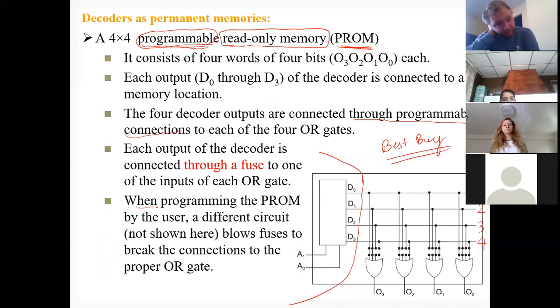When programming the PROM, the user uses a different circuit, not shown here, that blows the fuse. So once you program it, you can't change it. That's why this is called read only. Does it make sense?